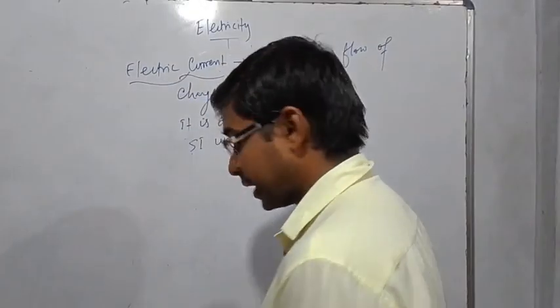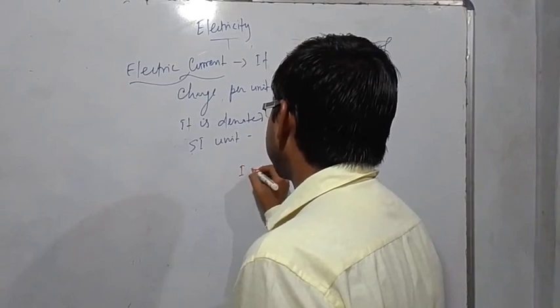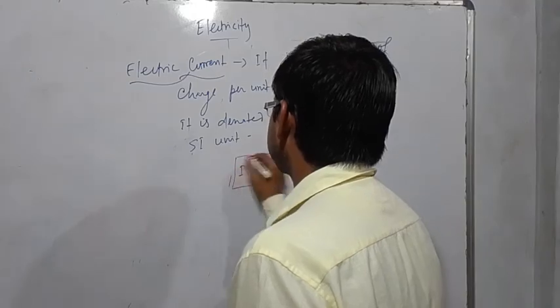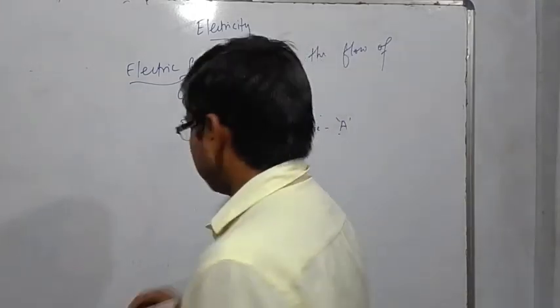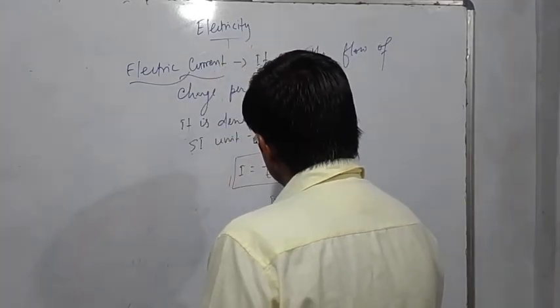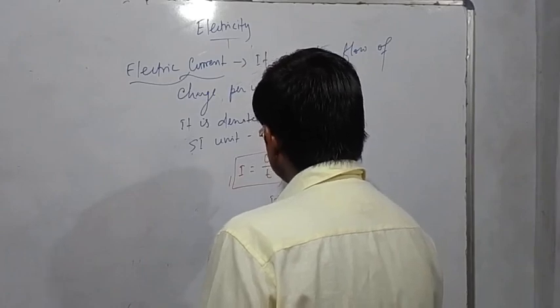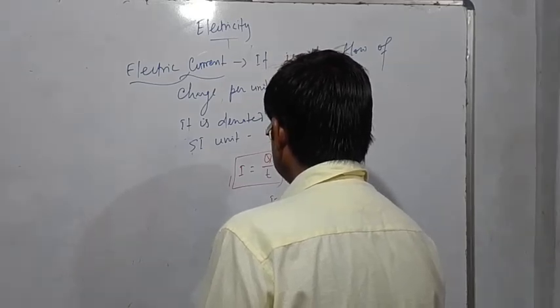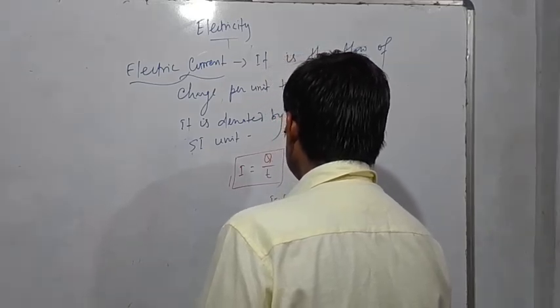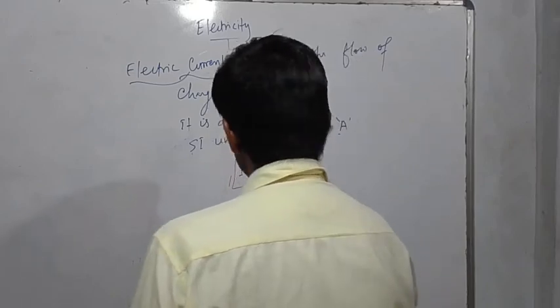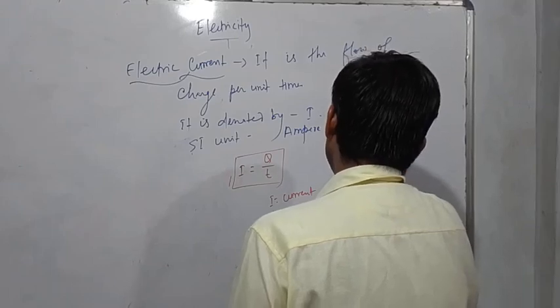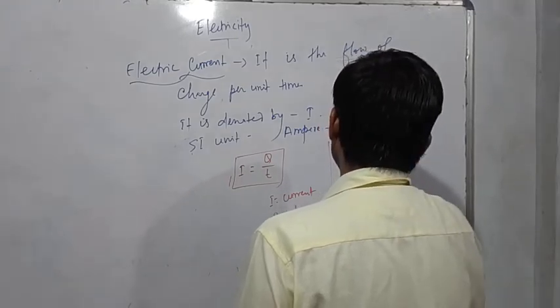That means current can be written this way: I is equal to Q by T. Very important formula, it will be used further, where I is the current, Q is the charge, and T is the time. 1 ampere can be defined as coulomb per second.